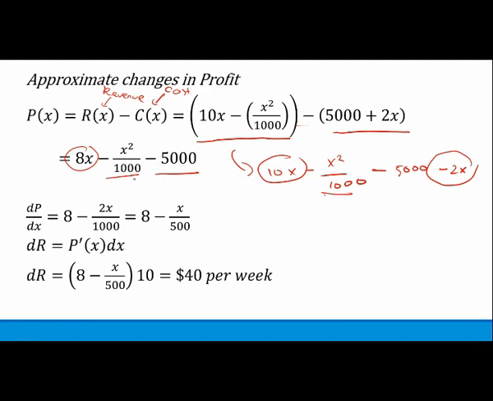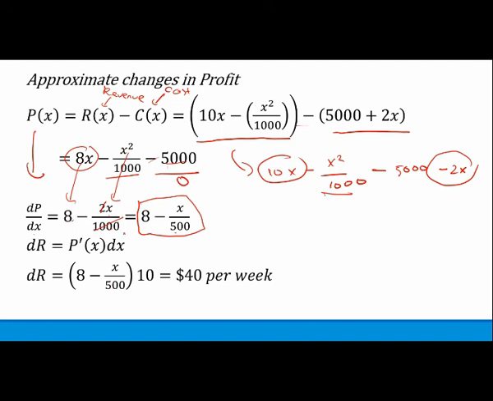Then I differentiate the profit: dP over dx, 8x becomes 8, x squared becomes 2x divided by 1000, and 5000 is a constant, so it becomes 0. At the end, 2 over 1000 becomes 500, so this is dP over dx.